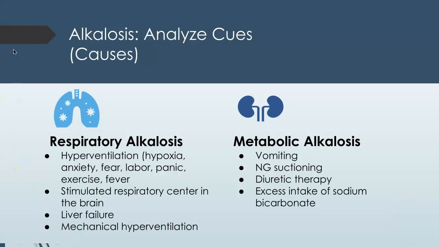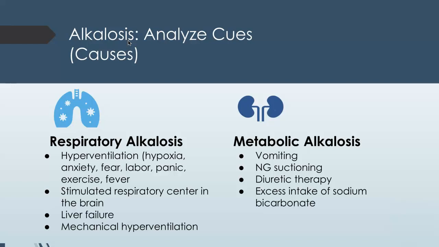So, analyzing cues, also known as potential causes. With respiratory alkalosis, anything that can cause hyperventilation. So, hypoxia, anxiety, fear, labor, panic, exercise, fever, those can all cause hyperventilation. It can also be from stimulation of the respiratory center in the brain, liver failure, or mechanical hyperventilation.